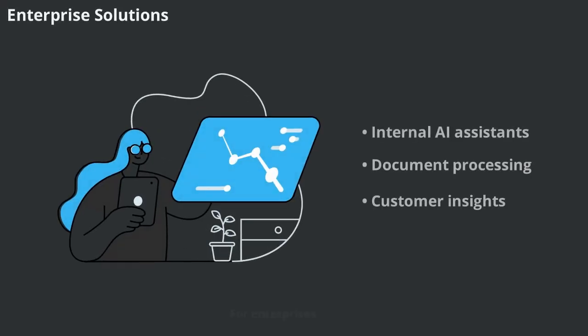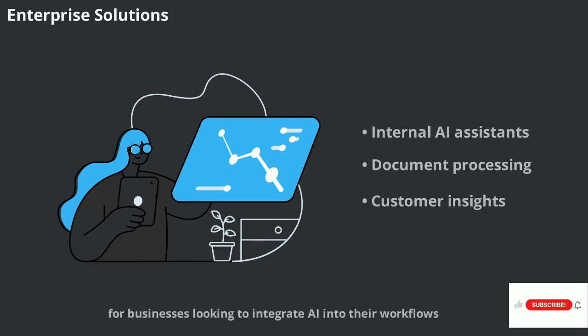For enterprises, LangChain offers robust solutions like internal AI assistants, document processing pipelines, customer insight generation, and operational efficiency tools. These applications help organizations streamline operations, improve decision-making, and unlock new value from their data. LangChain's scalability and flexibility make it a top choice for businesses looking to integrate AI into their workflows.